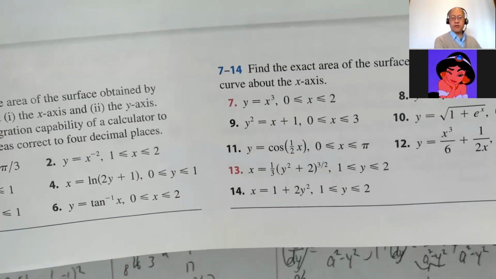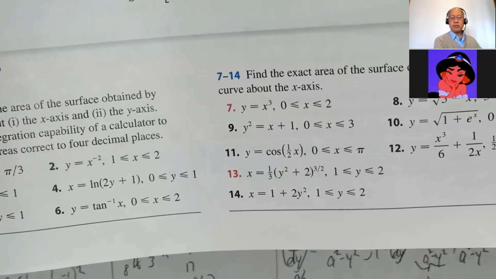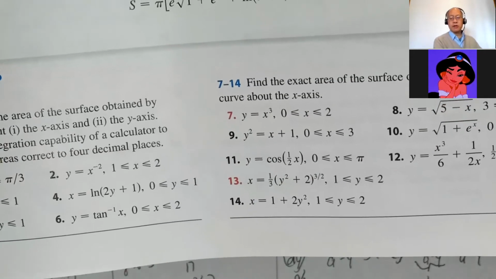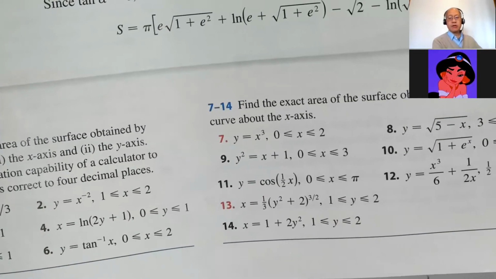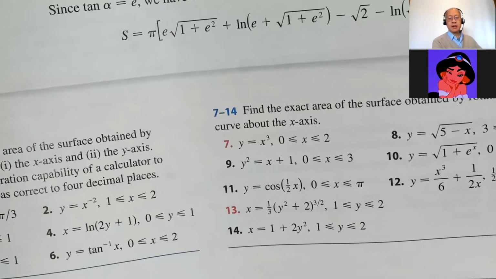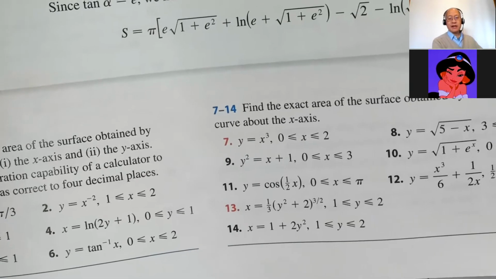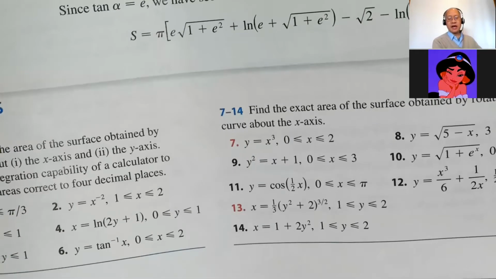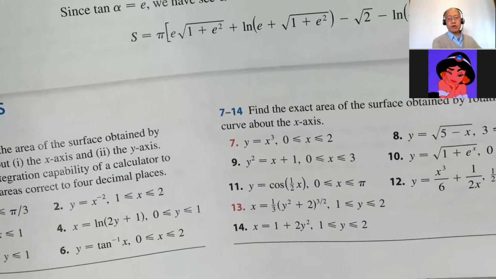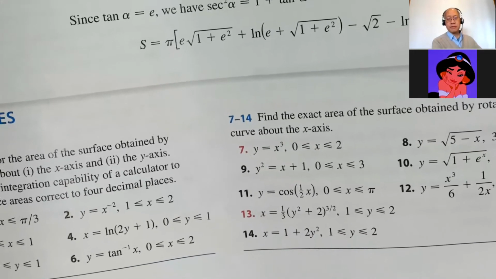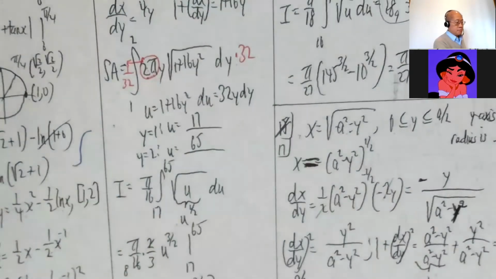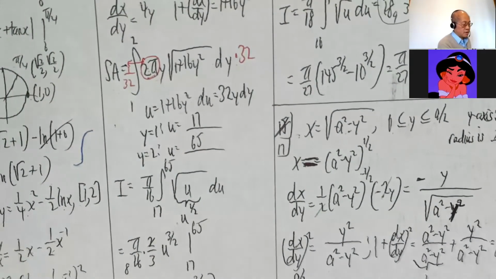Again, x is a function of y. X equals 1/3, blah, blah, blah. Y goes from 1 to 2. So once again, we're not comfortable with that, so we're going to integrate with respect to y. The only difference between 13 and say 11 is that in 11 we're more used to y as a function of x, while in 13 you have x as a function of y. We still pretty much do the same stuff.